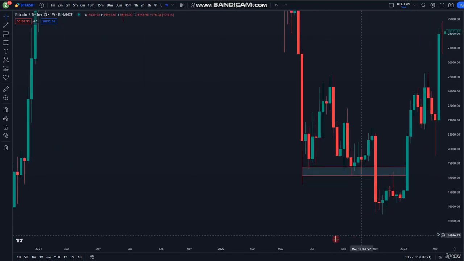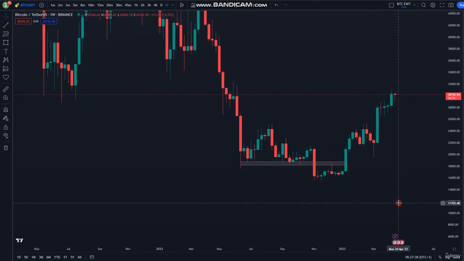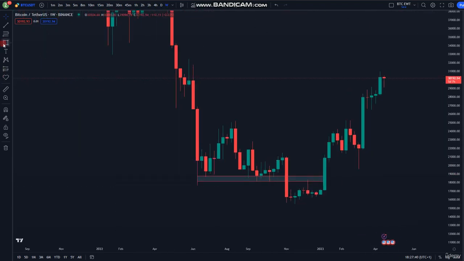Another resistance level, which shows the same principle, is right here at the $25,000 level. As we can see in this range over here where we had this support, resistance came in at just around the $24.5 to $25,000 level. When price came back up after this large pump in February 2023, this was met as resistance once again and price came back down.